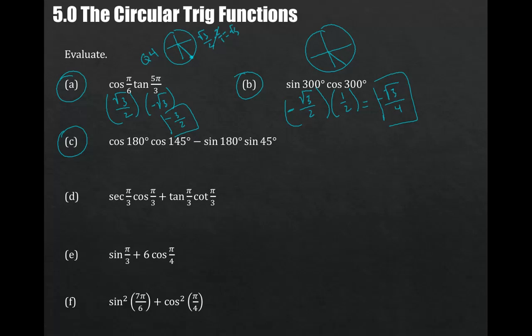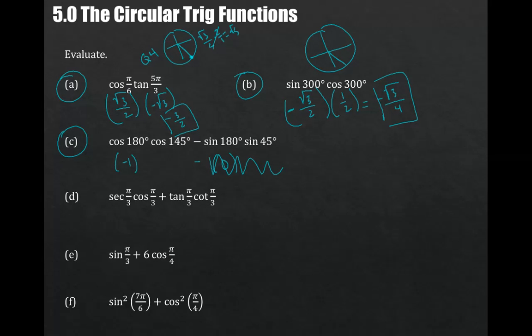And finally, the cosine of 180 degrees is going to be negative 1. And the sine is going to be 0. So it doesn't even matter what the sine of 45 is. I don't need to worry about that one. And then the cosine of 145, what's that?